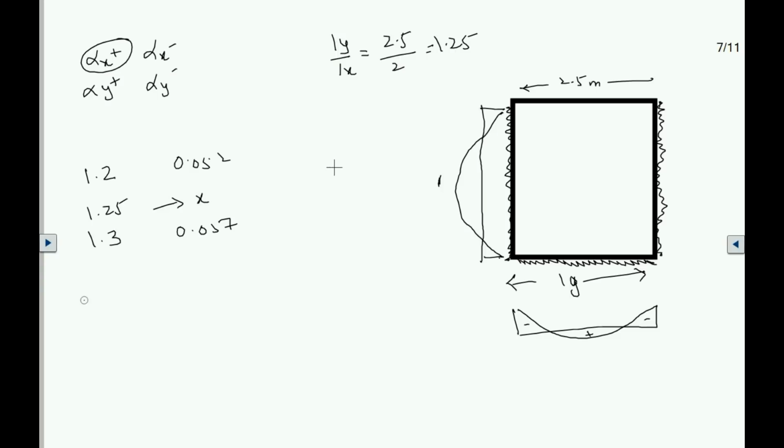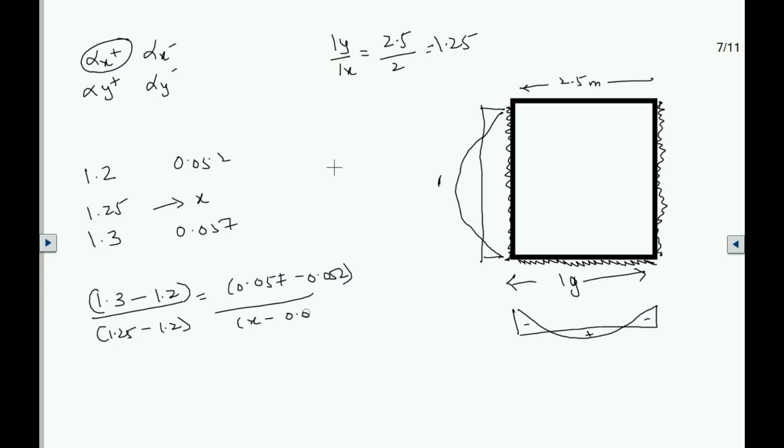To find x, you will use this relation: 1.3 minus 1.2 upon 1.25 minus 1.2 is equal to 0.057 minus 0.052 upon x minus 0.052. So it is this minus this upon this minus this is equal to this minus this upon this minus this. If you solve for x, you will get the value for 1.25.